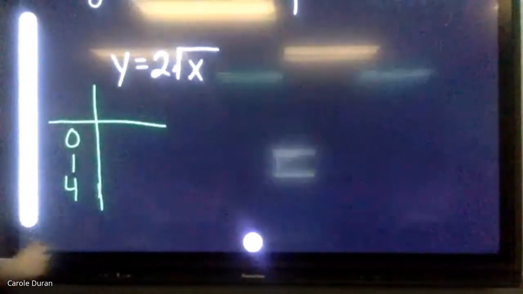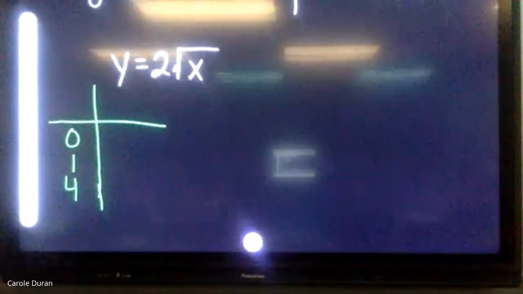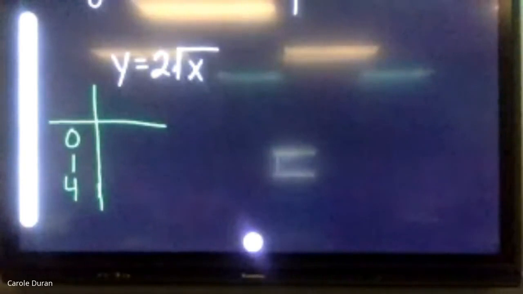No. So that means I'm using 3 numbers to graph this. 0, 1, and 4. Because there was no other change under that radical, I don't have to find new x's. I can just use the original 0, 1, and 4. That 2 out front just means that after I solve the radical, I multiply my answer by 2.